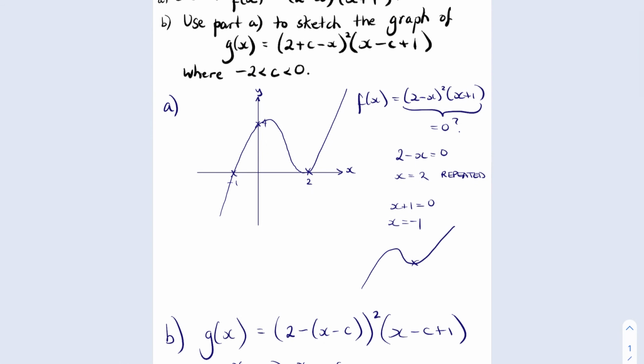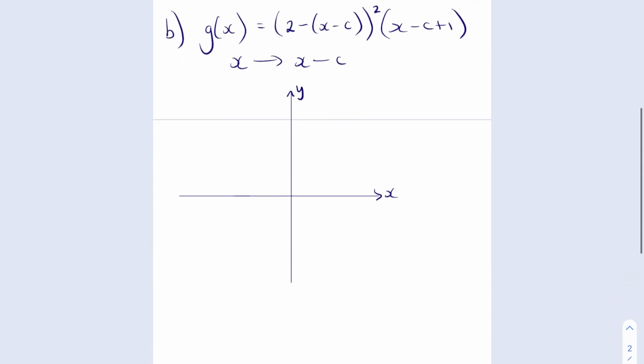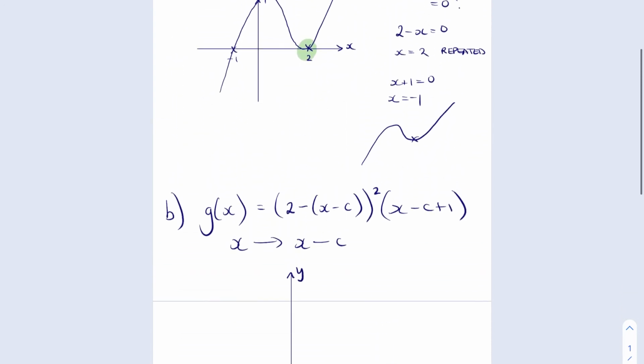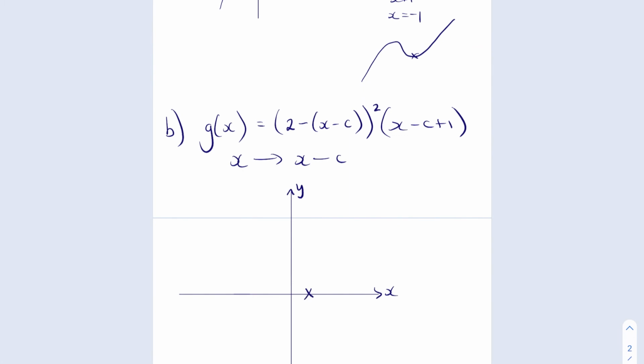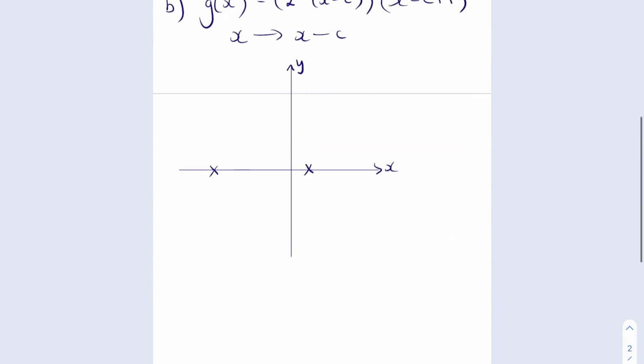The relevance of it being between minus 2 and 0 is that this root will not go past the y-axis if the amount it's moving to the left is less than 2. So let's put that here and my minus 1 here, but these have new coordinates.